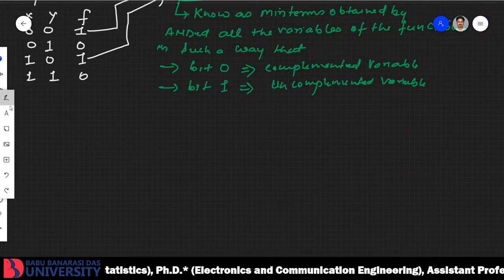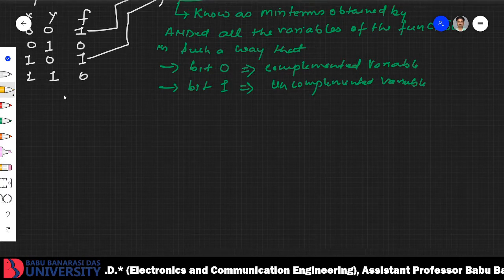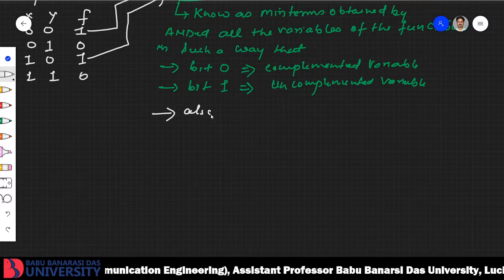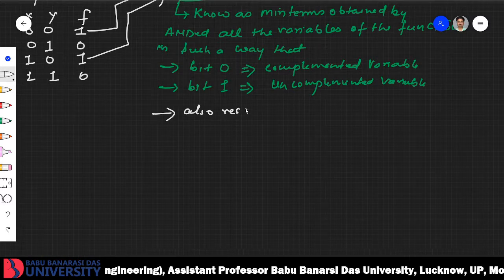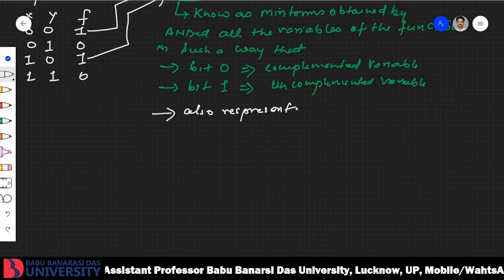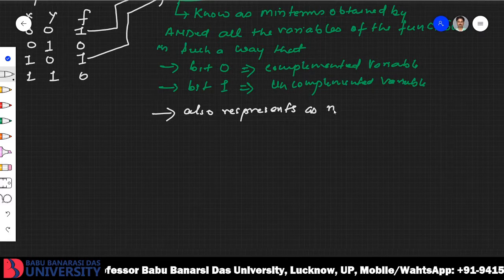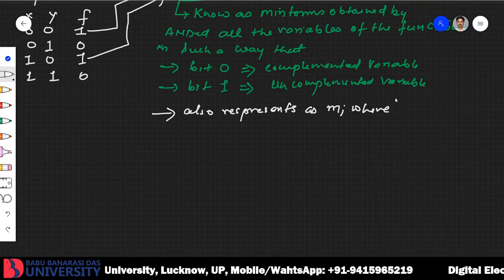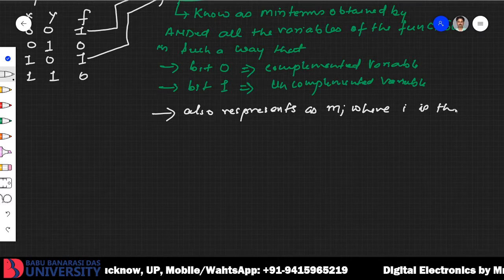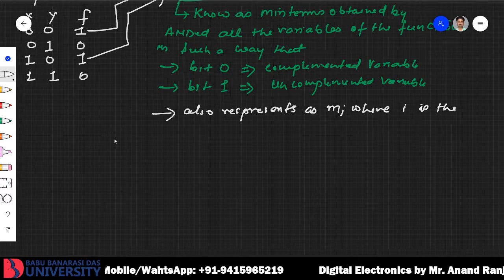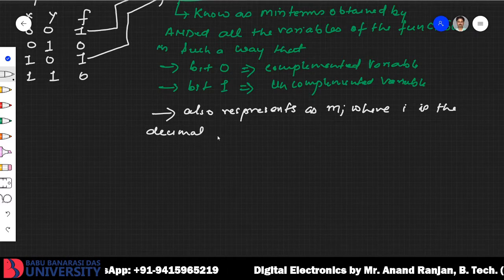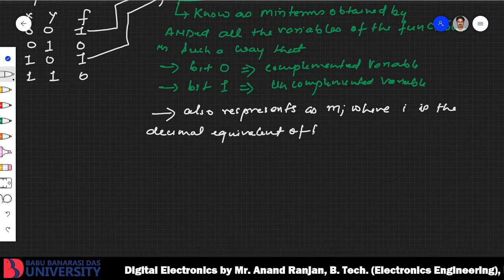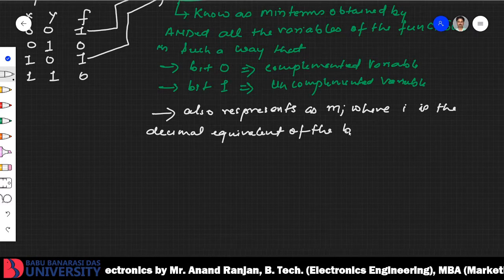Also represented as small m i, where i is the decimal equivalent of the binary input.